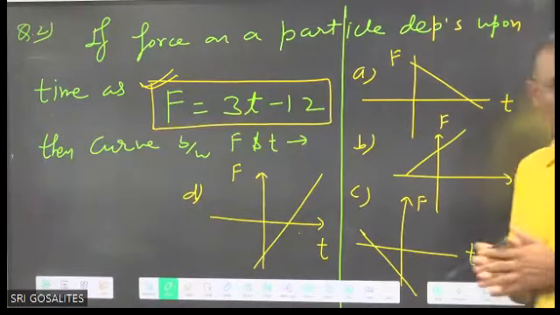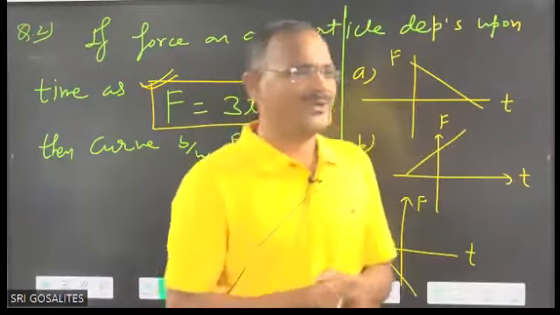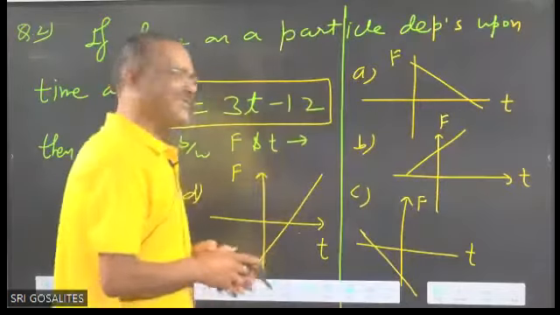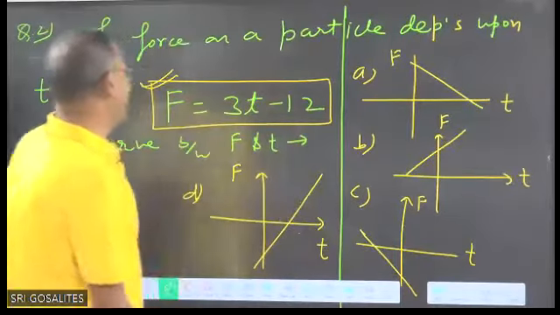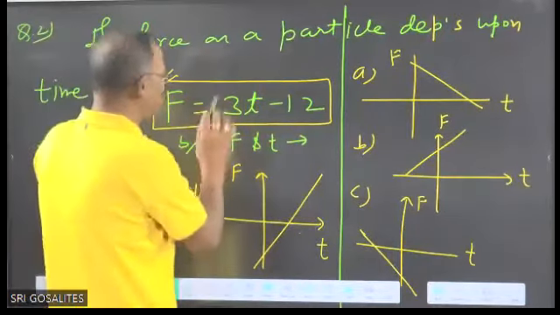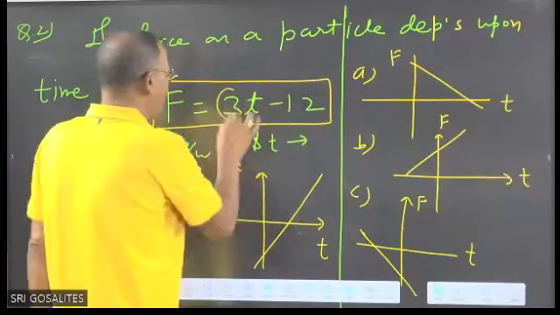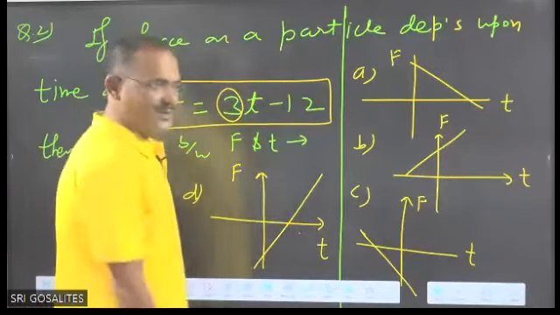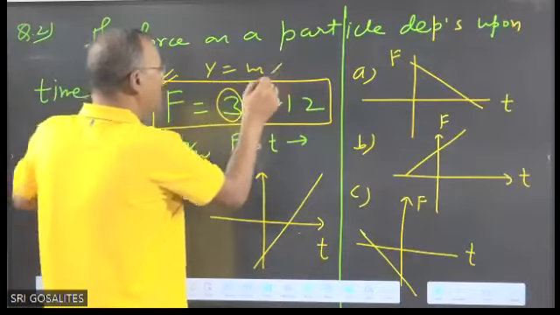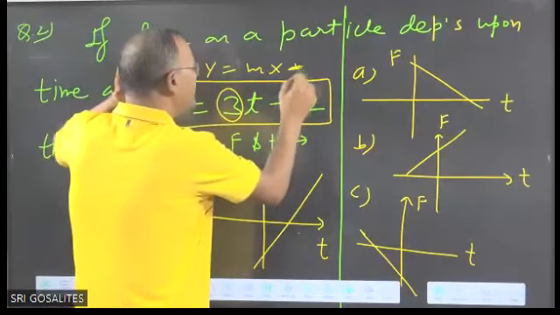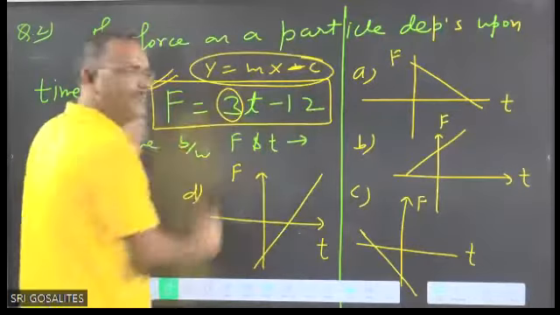D. Very good, very good. D for Delhi, D for Deepak sir. Nice. D is right. Why? Because we will conclude two things, bacho. M is positive. First, you should feel in your mind what is the pattern of the equation.